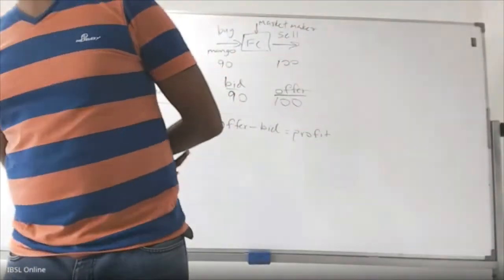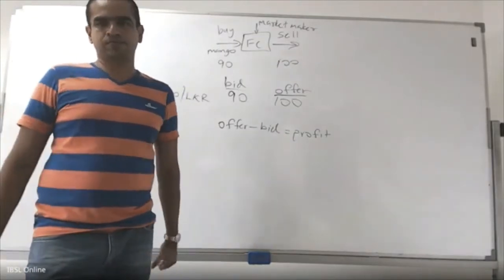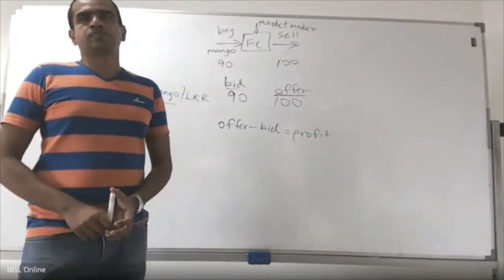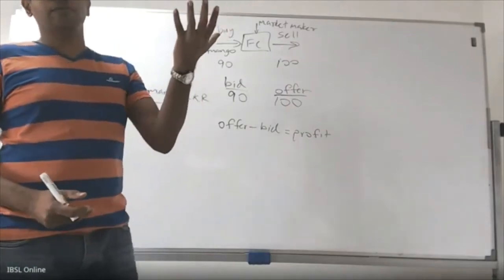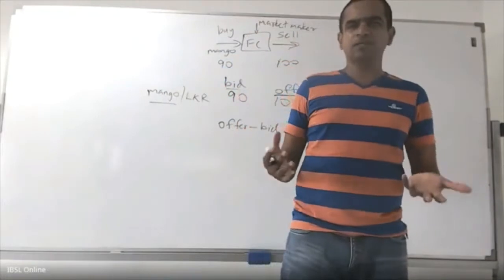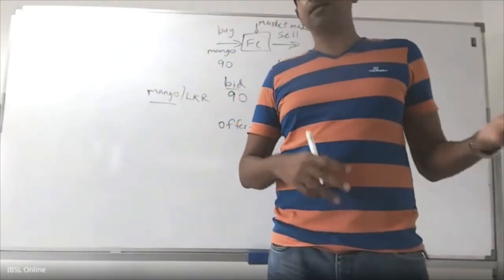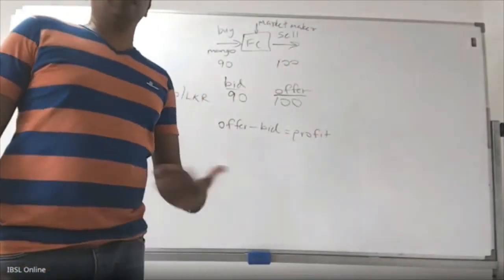Now if you take a rate sheet of a bank, they will have bid and offer, which is buying prices as well as selling prices for currencies. You have TT buying, draft buying, currency notes buying, three different buying prices, and then you have the selling price for any given currency.